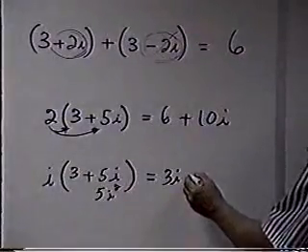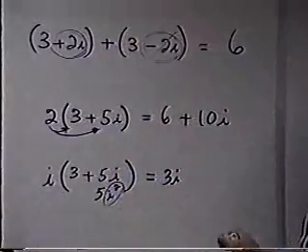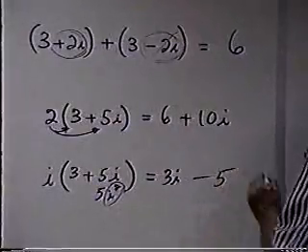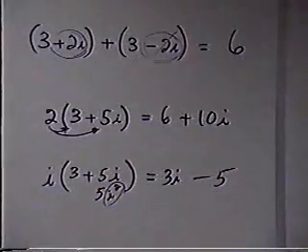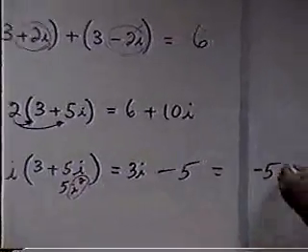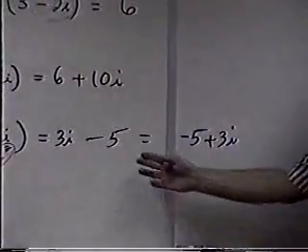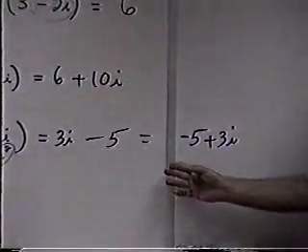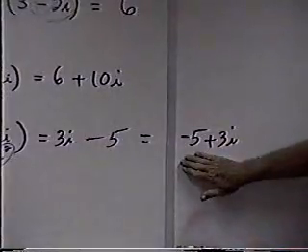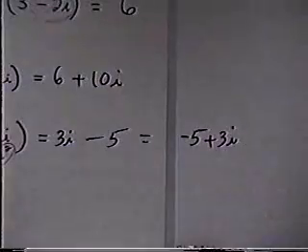Okay, but wait a minute, what is i squared? i squared is a minus 1, so we get a minus 5. So what we do is rewrite this problem as minus 5 plus 3i. That's not to say the way we had it written here is wrong. It's just that this is the standard form of a complex number, that you put the real part first, followed by the i part.